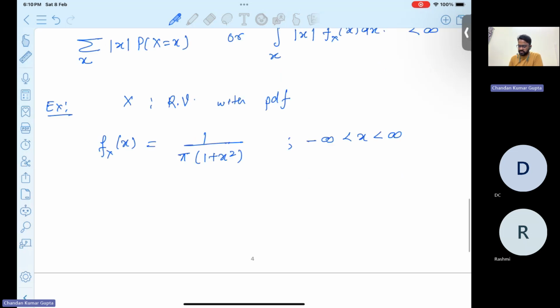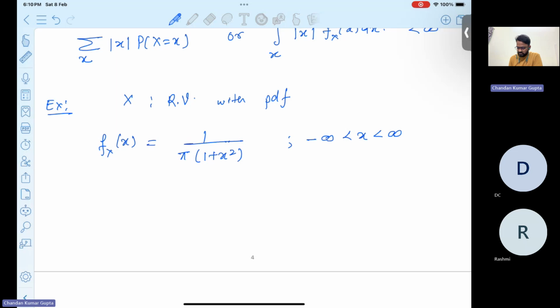But first we need to check the absolute expectation. Since it is a continuous distribution, we take the integral over minus infinity to infinity of modulus x into f(x) dx. Since it is a modulus and x over 1 plus x square is an even function, it comes out to be 2 by pi times the integral from 0 to infinity of x upon 1 plus x square dx.